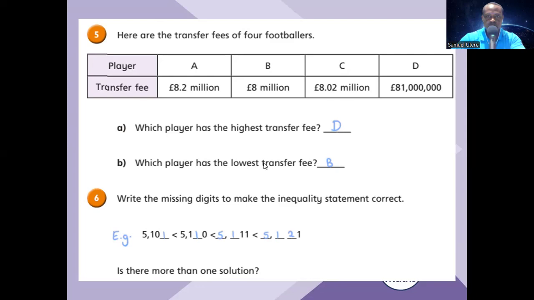What we were calling relational operators means more than one of these. It includes the equal and the not equal. But when we talk about inequality, we're referring to these. So it's important you take note of that. All right, so let's move on.